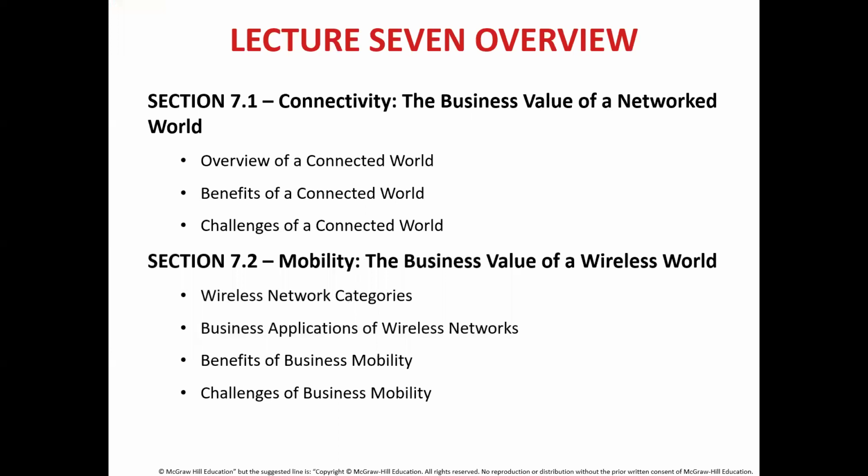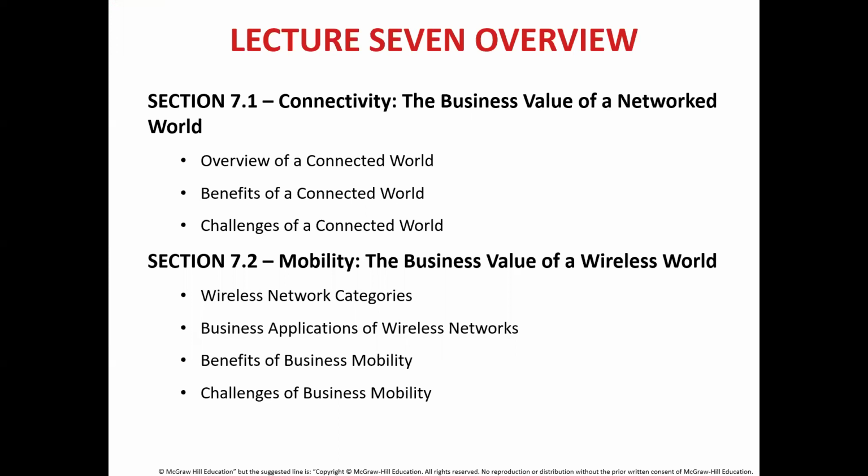This lecture caters for the following learning outcomes. In section 7.1, we shall be looking at connectivity, the business value of a network world, and we will have an overview of a connected world, the benefits of a connected world, and challenges of a connected world.